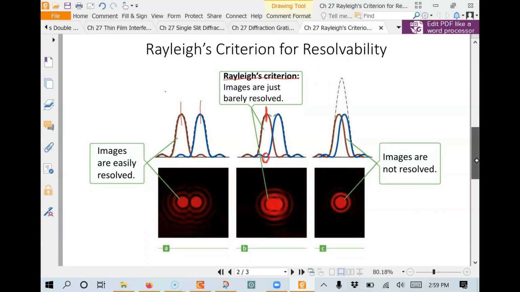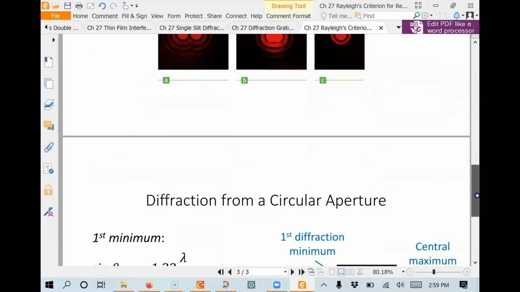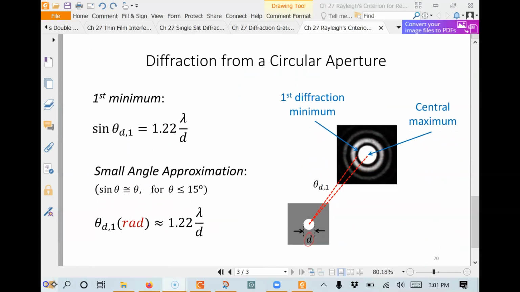Now, what that means is all we need to do is figure out the angle to the first diffraction minimum. If we look at the equation, this is similar to a single slit diffraction pattern, but in this case we have a circle of diameter d, and you get a circular type of diffraction pattern. The equation is almost the same as for single slit diffraction. This would be for the first minimum, which we care about, but we get an additional factor of 1.22 because of the circular shape.